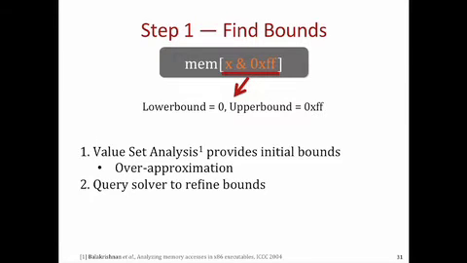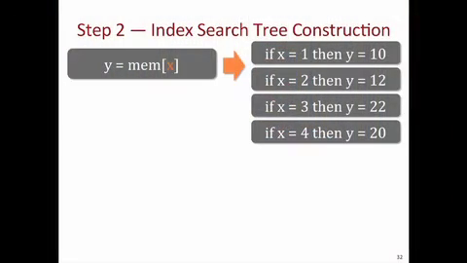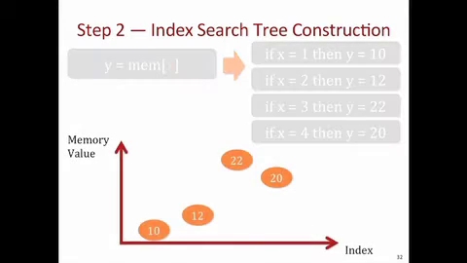And after we refine the memory range, we construct a binary search tree, which we call an index search tree, for all possible memory values. For instance, if the index is reduced to have a value from 1 to 4, then we can construct all possible memory values into a binary search tree, where the key of the binary search tree is the memory index, and the leaf nodes of the binary search tree are memory values.